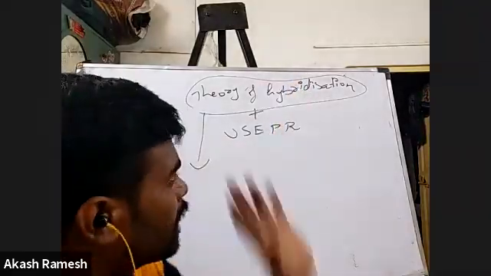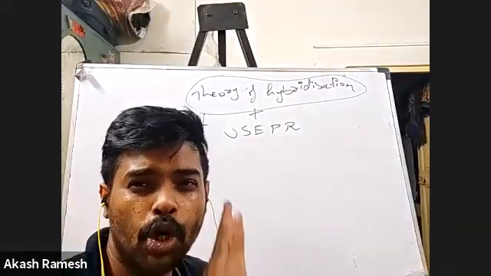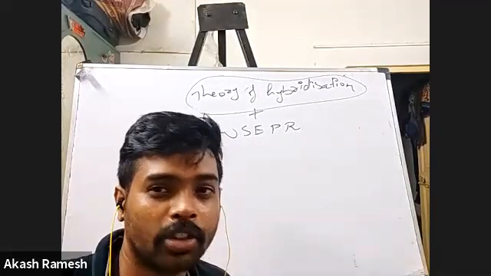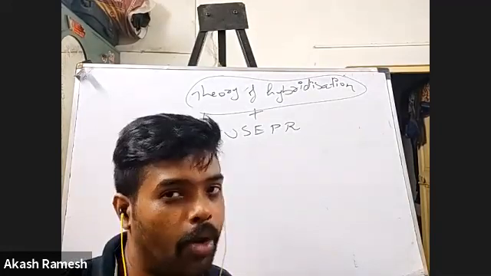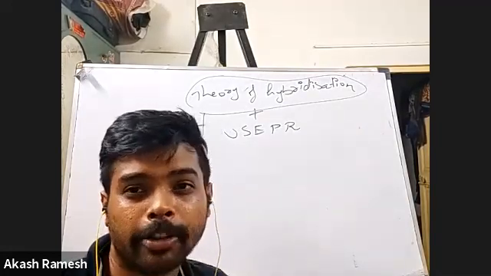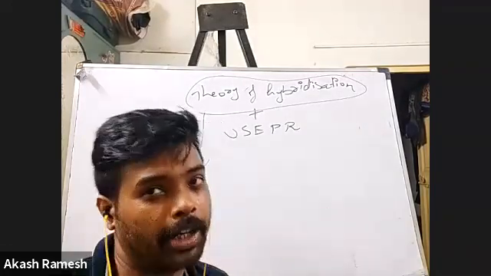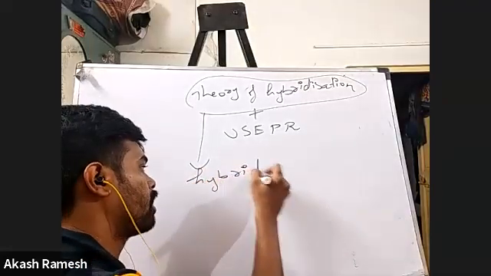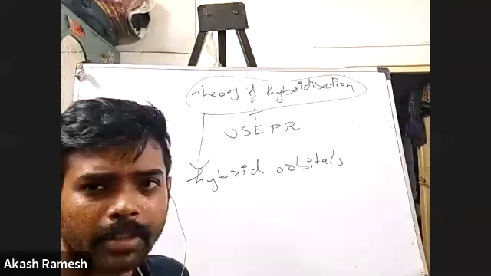Now, what the theory of hybridization says is it is no more going to be atomic orbitals. I am not going to speak about atomic orbitals anymore. There are going to be some special orbitals, and these special orbitals are what are called hybrid orbitals, right?